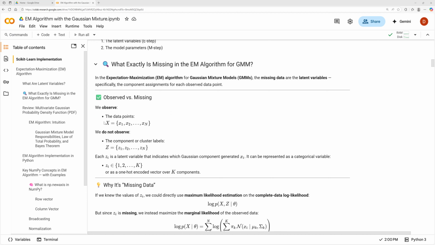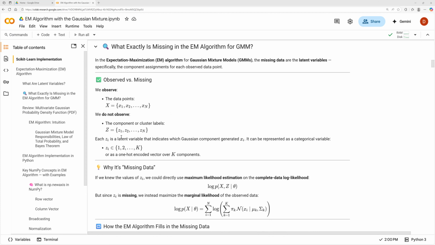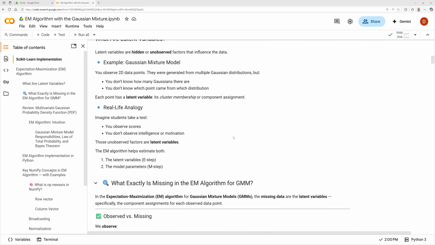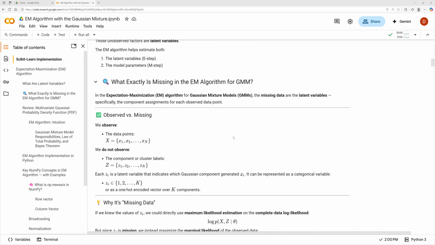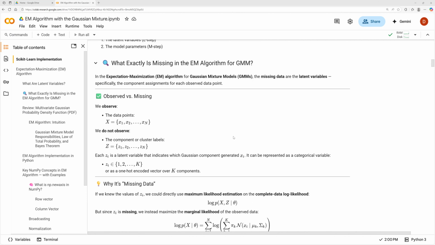Okay, so we observe the data points x1, x2 to xn, and we don't observe the component or cluster labels. Each zi here is a latent variable that indicates which Gaussian component generated xi. It can be represented as a categorical variable, 1, 2, 3, and whatnot. In our scikit-learn implementation, we saw 3.